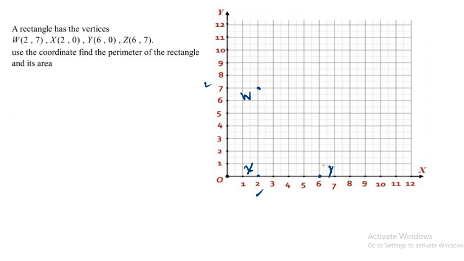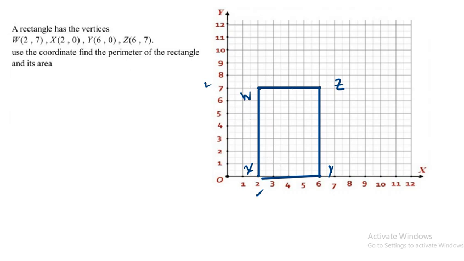Point Z 6 and 7, building 6, floor 7. Connect the points. So now we have a rectangle. We want to find its perimeter and its area.